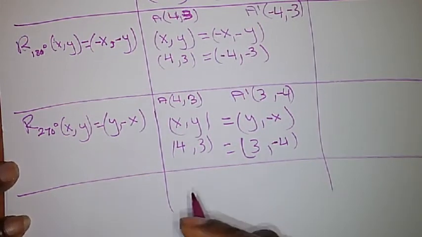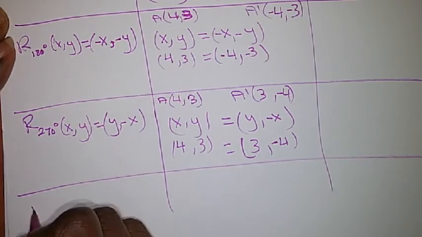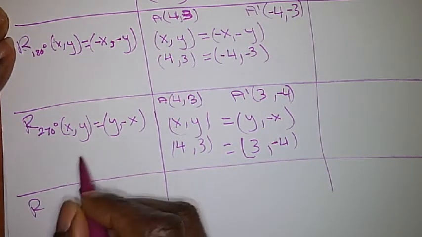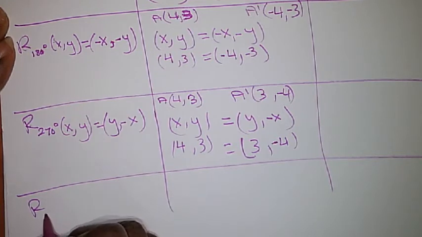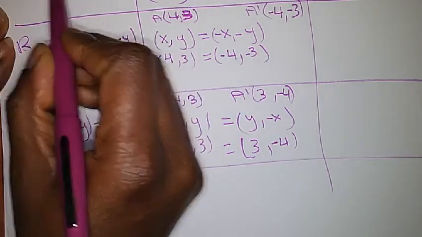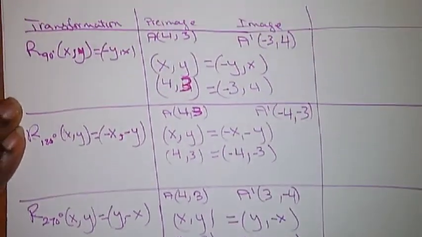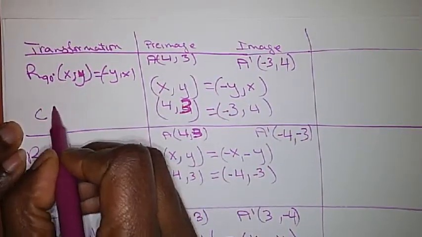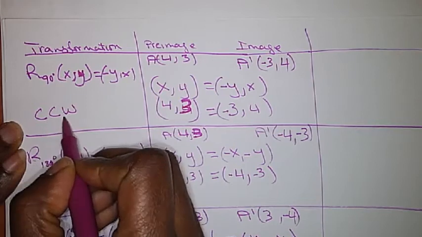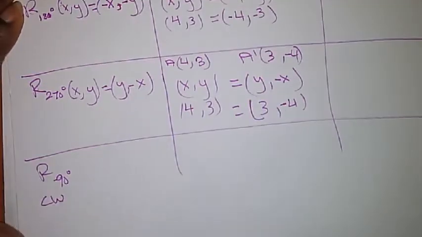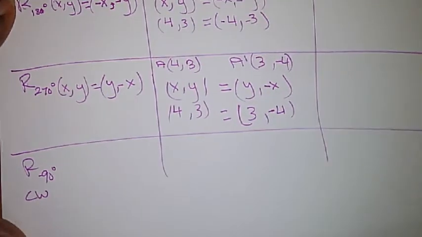Okay, last example, we're going to do a clockwise rotation. I could always write CW. You might see CW, and for the first one, you might see CCW, counterclockwise. This is clockwise.